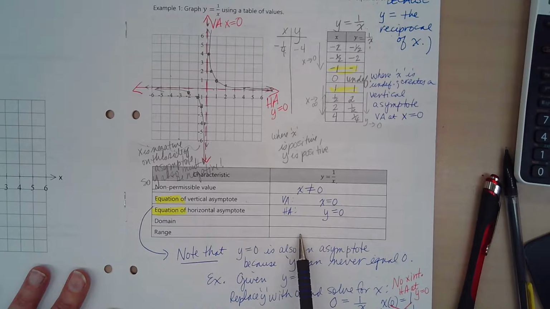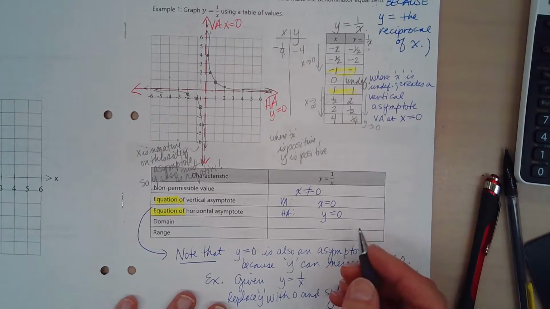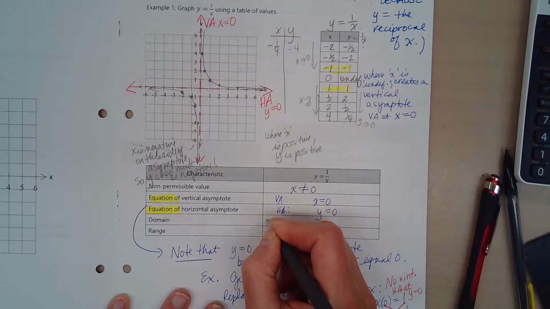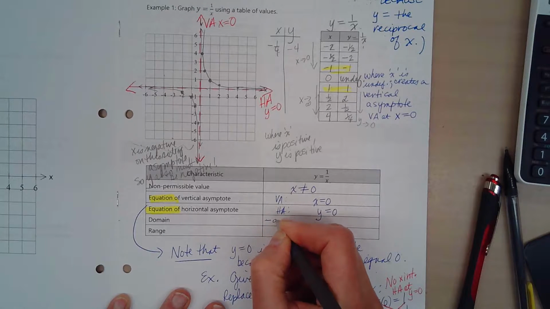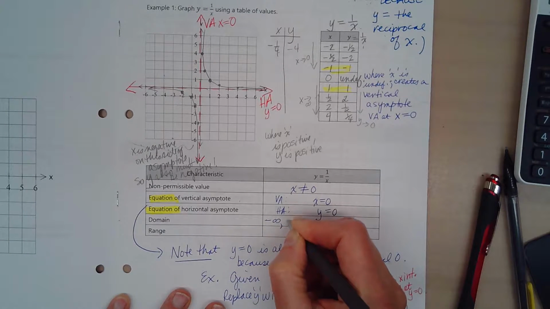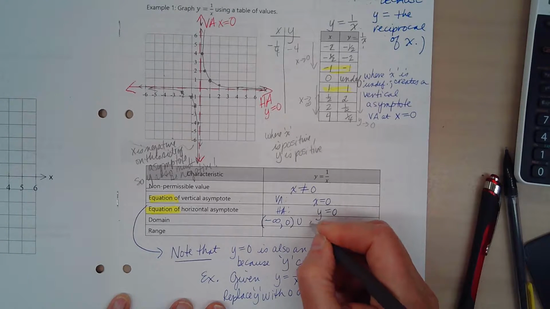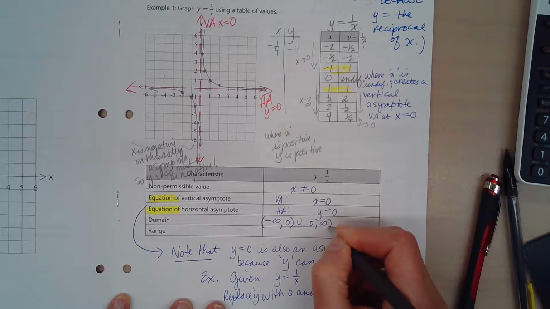What's the domain? There's a couple ways we can do it. I guess we could do this: negative infinity to 0, both of them not included, union 0 to infinity.